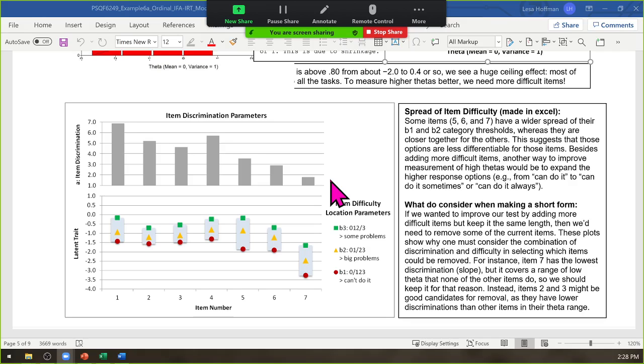Item 7 is answering the phone. I think you need it, because otherwise you don't have information about those people at that trait level. Yeah. I would say if I don't want to measure anybody below 2 standard deviations, I don't need it. If I'm okay with having a floor effect, then I could get rid of this item. But this is my only shot at differentiating amongst super low people, whether or not they can answer the phone.